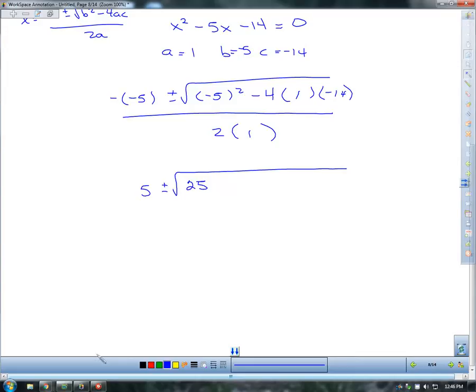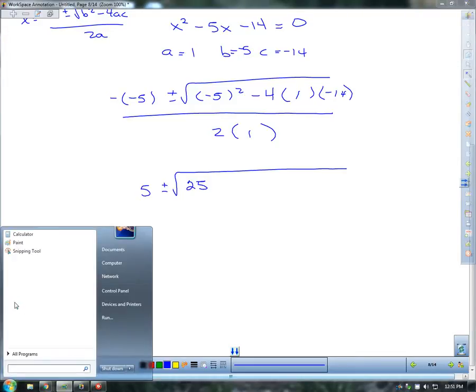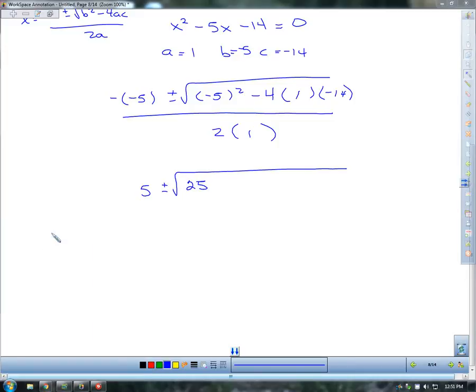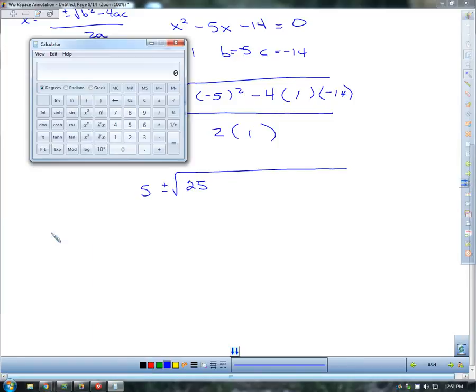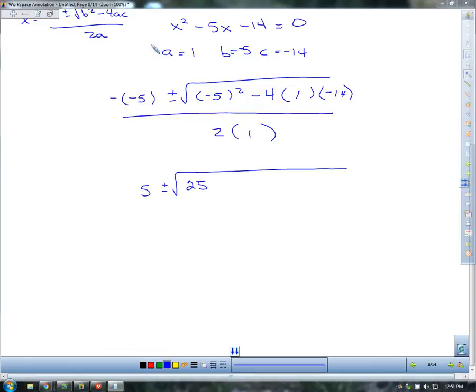And then negative 4 times 14, negative 14. Let's see. 4 times 14, 56. So I got 25 plus 56 over 2.